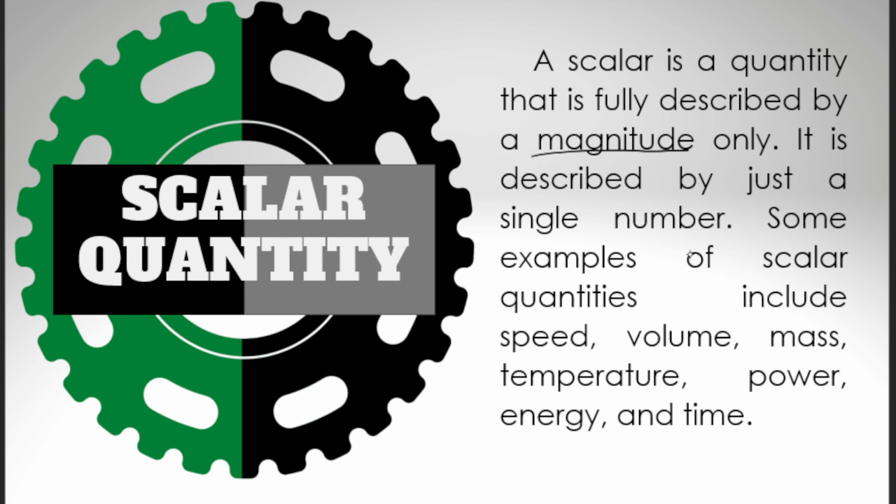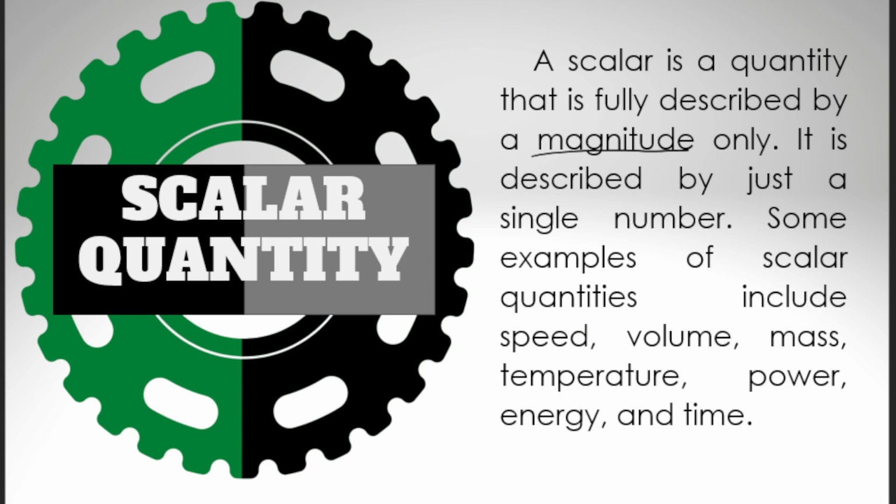What do we mean by magnitude? Magnitude simply tells us how many that specific quantity is. This is the numerical description of a quantity. For example, speed, volume, mass, temperature, and power, as well as time.